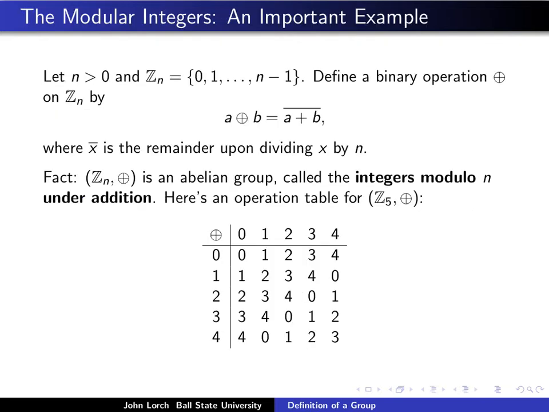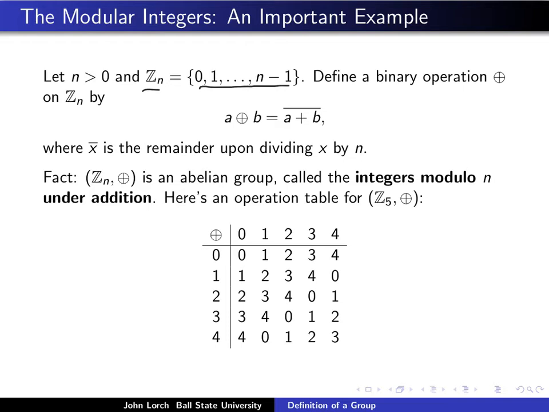Our next task is to discuss the group of modular integers. This is an arithmetic on a finite set. You may or may not have seen this arithmetic before. The modular integers Z sub n consists of the numbers 0, 1 through n minus 1. So here we require that n be a fixed positive integer.